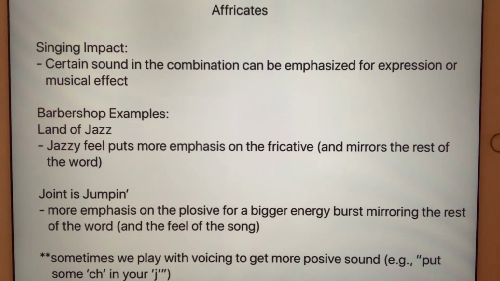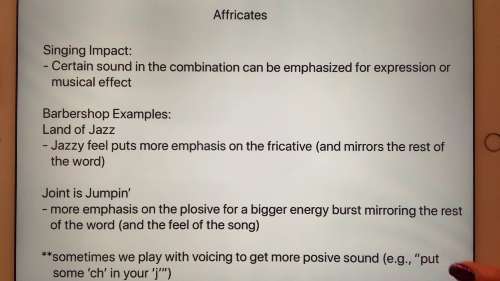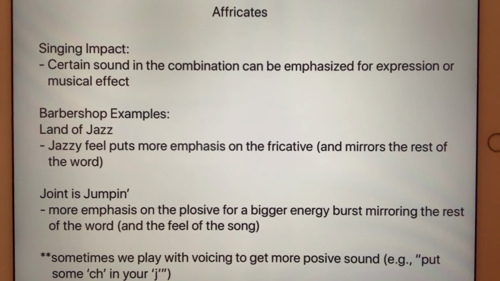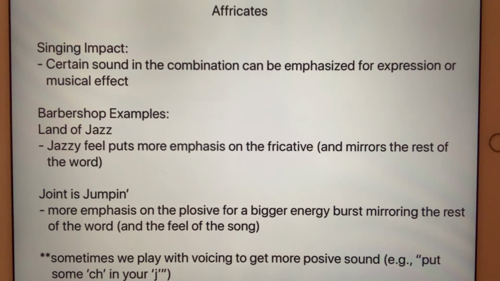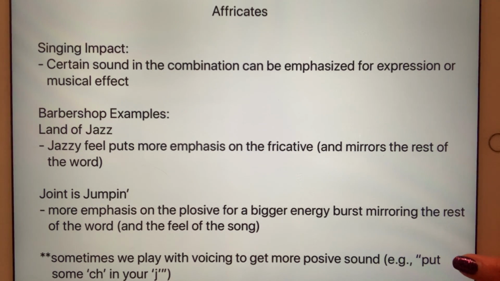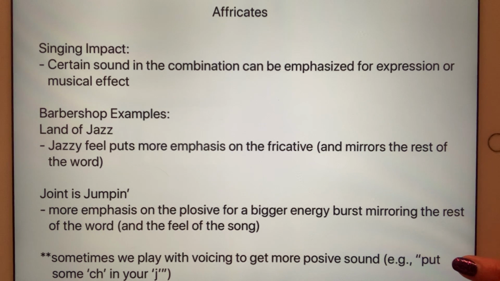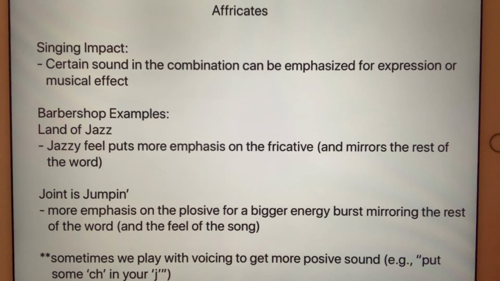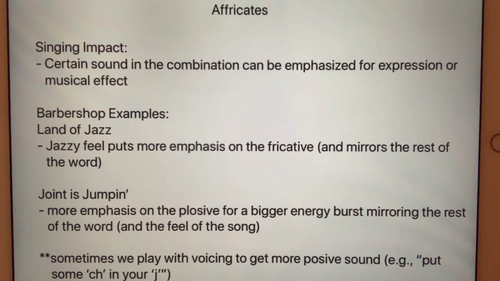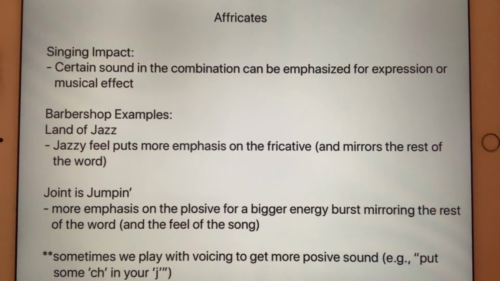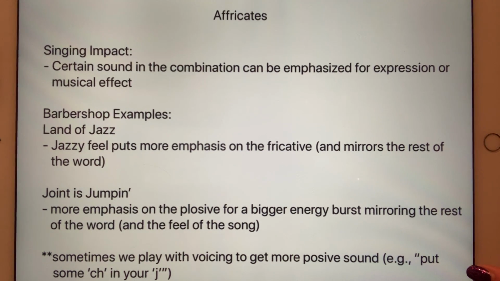So that's really interesting to think about: sometimes, based on the feel of the song or the rest of the phrase, we may put more emphasis on one part of the affricate rather than another. We also tend to play with voicing, especially with affricates, to add impact or meaning for our expression. Sometimes coaches will say, put a little ch in your j. So we'll play with voicing more so with affricates than with other sounds.